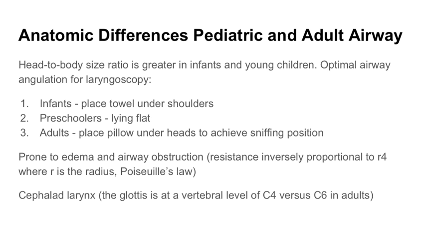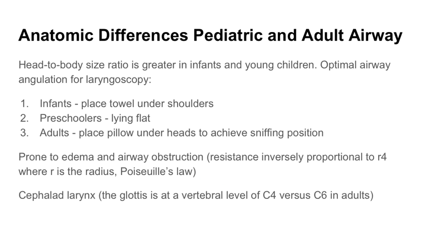And because the airway of a small child is much narrower, with a small radius and small diameter, it is very much prone to edema and can result in significant airway obstruction. This is because the resistance to airflow is inversely proportional to the radius to the power of 4, according to Poiseuille's law.